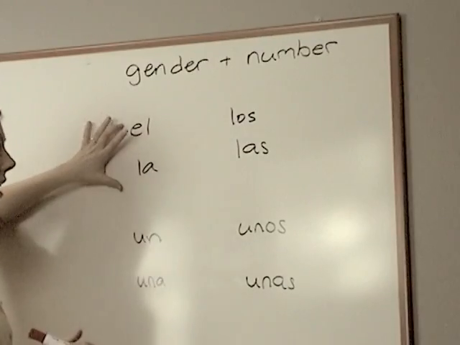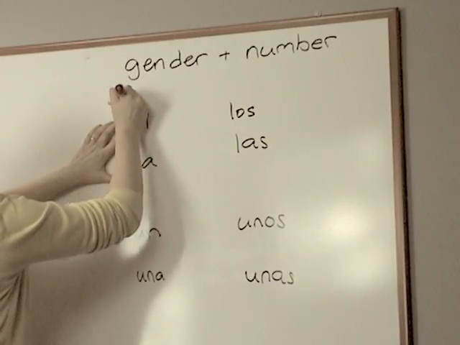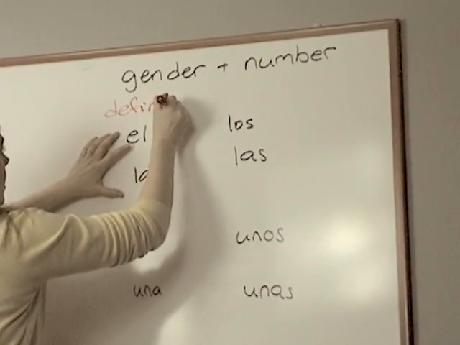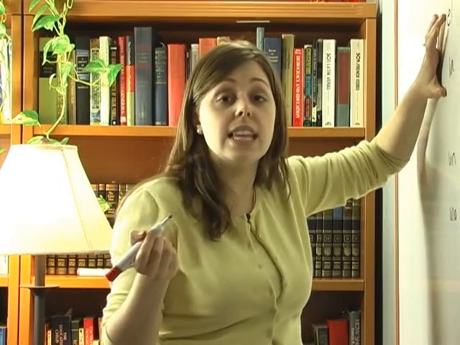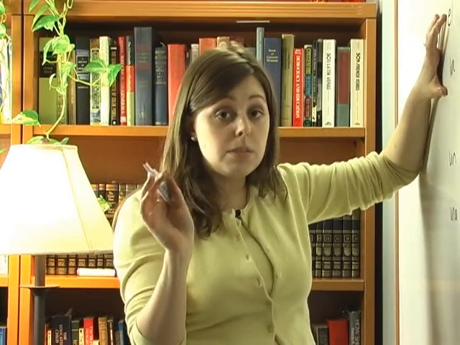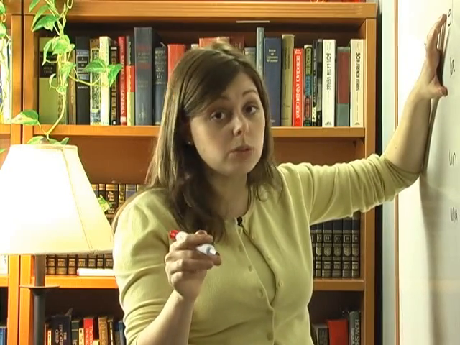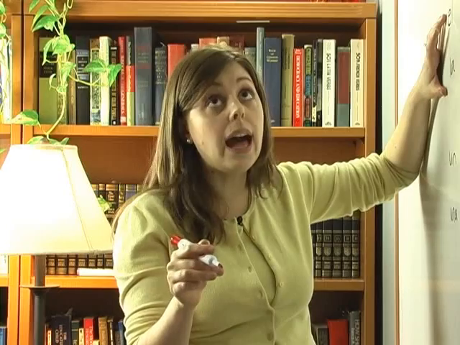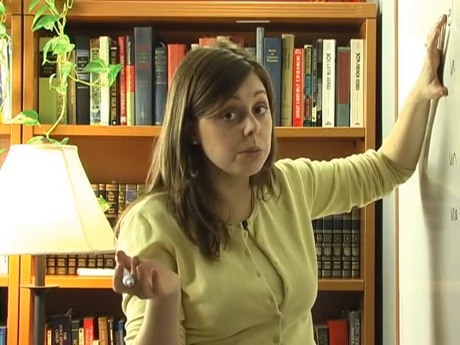So let's look at this. These articles are called definite articles. When they talk about a noun, they mean it's definitely that one. They're like the English the. There's a big difference between the house and a house when you go to one, right? If you go to the house that you live in, that's really different from just walking into a house.